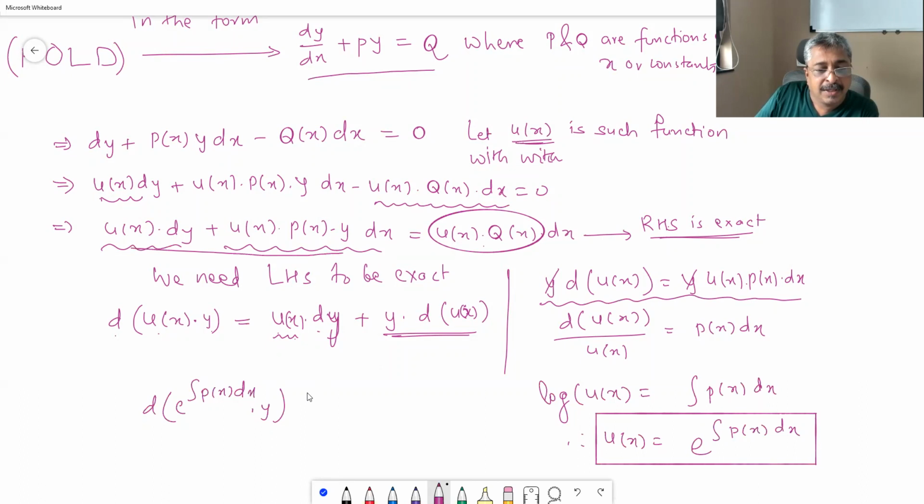RHS of this is equal to integral e raised to integral p of x dx, that is your u of x, into q of x dx. Okay.